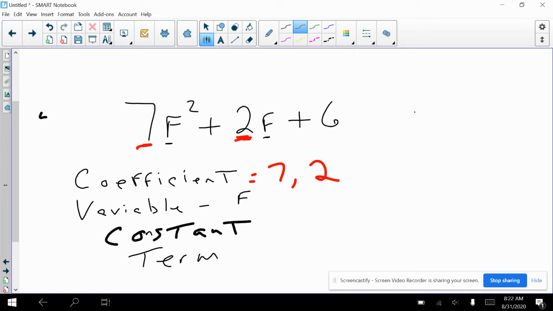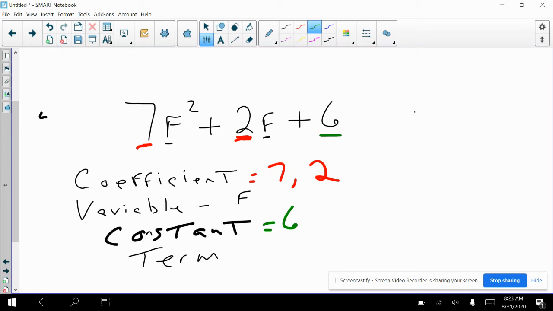The constant is a whole number, or any number that stands by itself. It doesn't have any variables attached. So here, the 6 is a constant. Usually constants are at the end. Usually. They don't have to be.